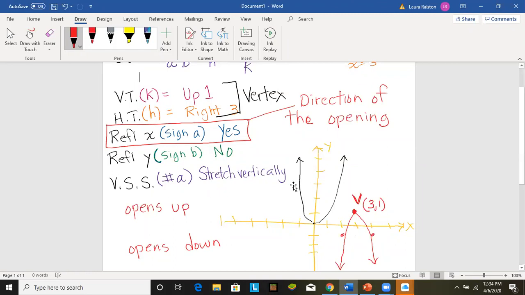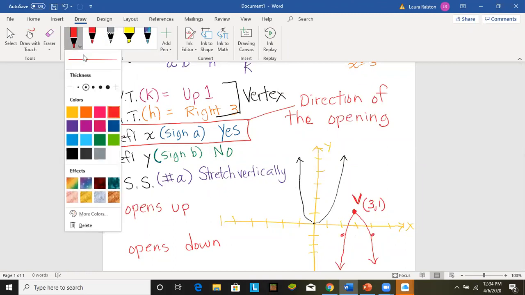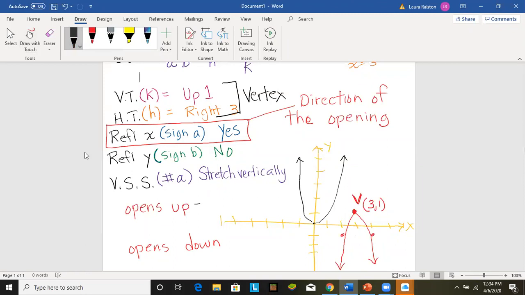And so let's make us a couple of notes here, because we really already know this, but it's not necessarily been formalized for us. It opens up when there is no reflection on X. There's no reflection on X when A is positive.